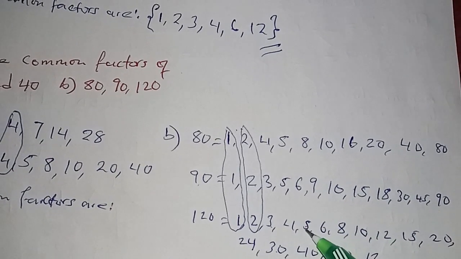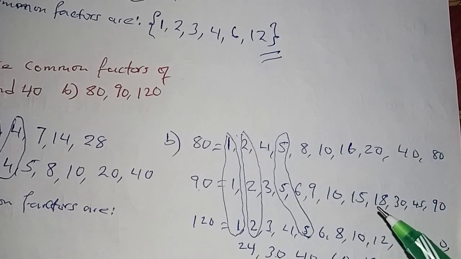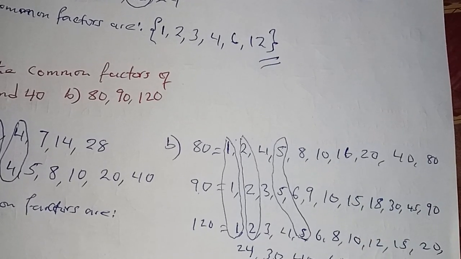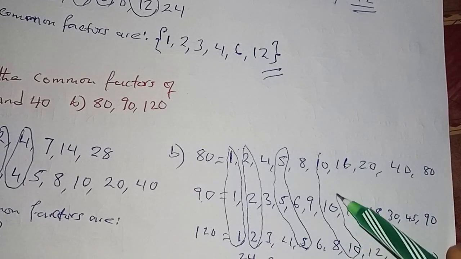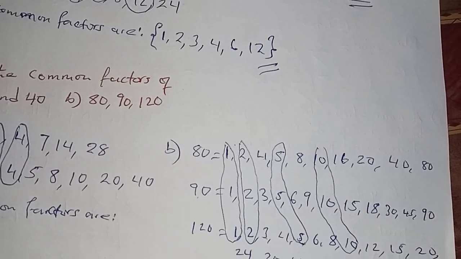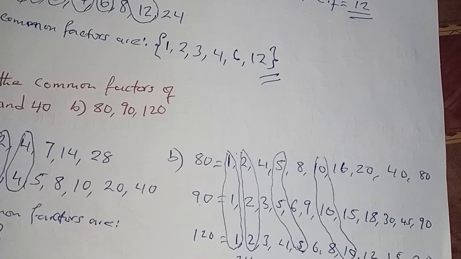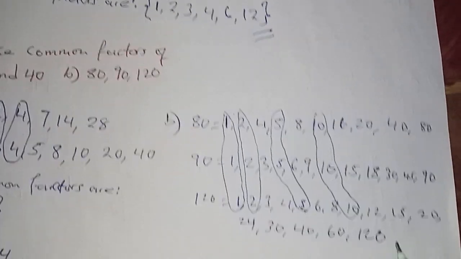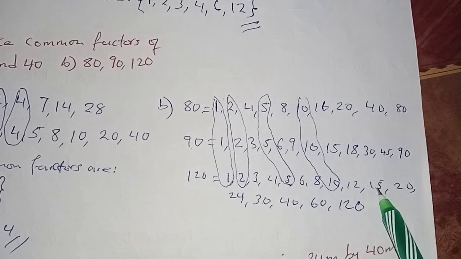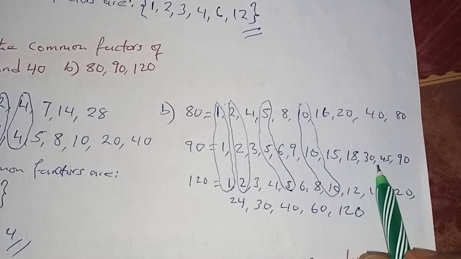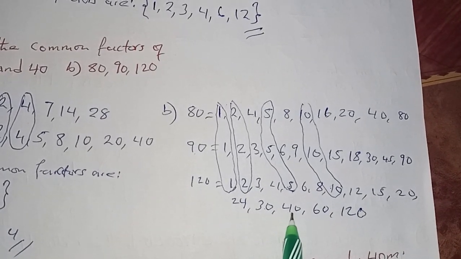We say 5, yes, 5 is all over. 6, no, 7, no, 8, no, 9, no. 10, yes, 10 is all over. 15, no, 18, no, 12, no, 16, no. 20, no, 24, no, 30, no, 40, no.